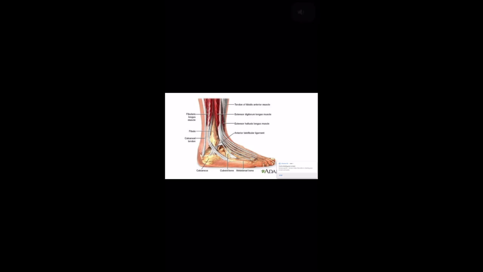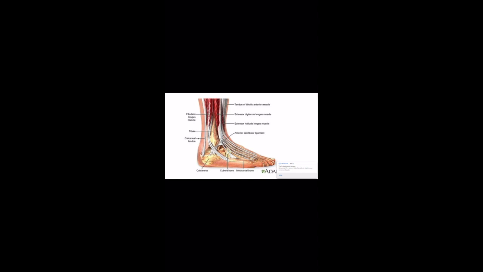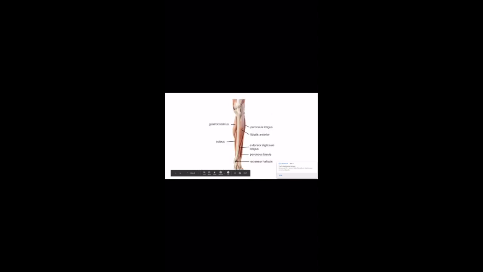We're going to start right here: fibularis longus muscle, the fibula, the calcaneal tendon, the calcaneus, the cuboid bone, the metatarsal bone, the anterior talofibular ligament, the extensor hallucis longus muscle, the extensor digitorum longus muscle, and the tendon of tibialis anterior muscle. These muscles and ligaments are also used in some of the exercises we perform.